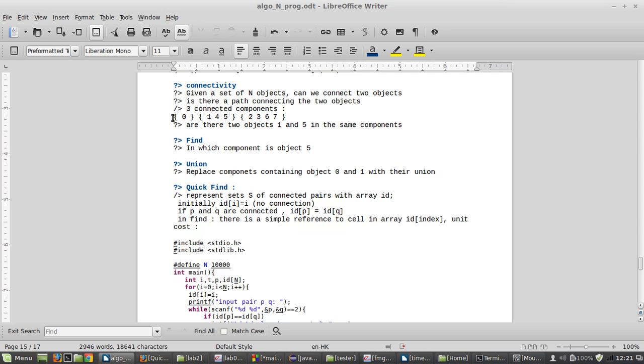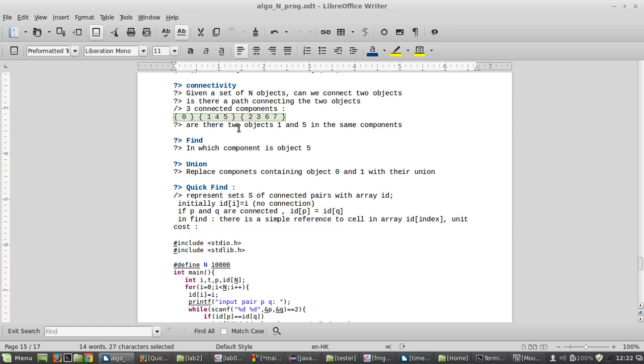Here I present three kinds of connectivity. 0 is in one group, 1, 4, 5 is in the second group, and the third group is 2, 3, 6, 7. So there are three connected components, and all three groups are connected.